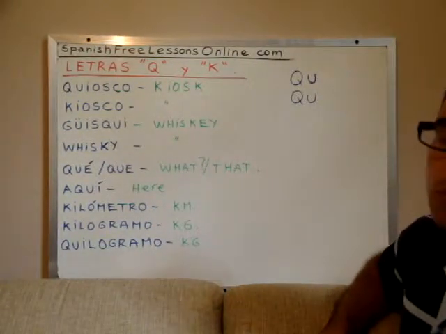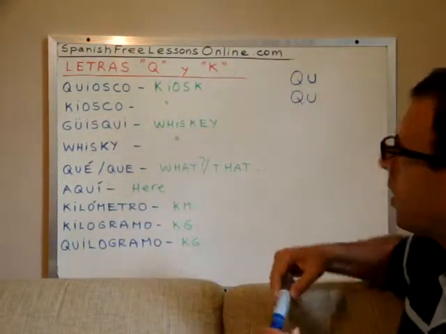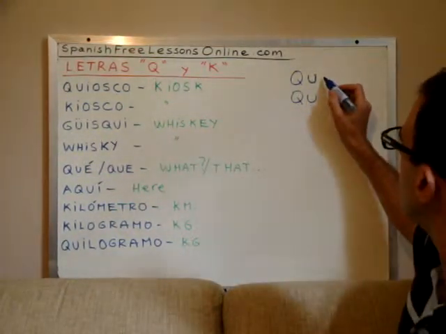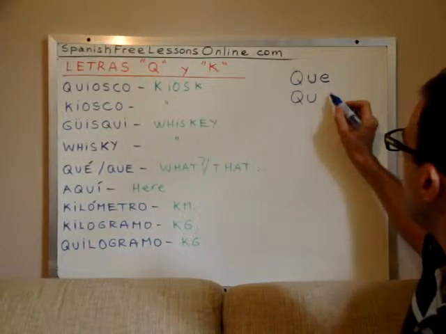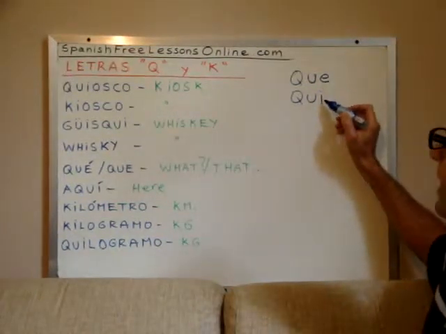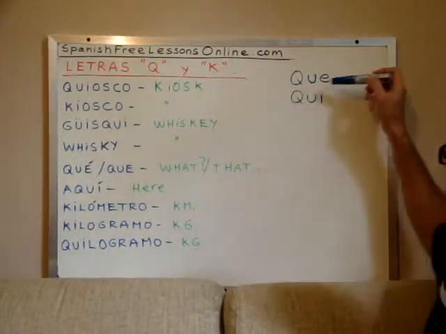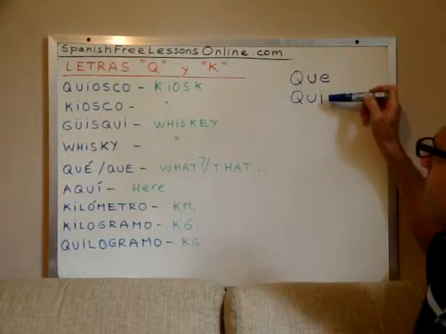The two cases where we use letter Q are for letter E and for letter I. This is read que and this is read ki.